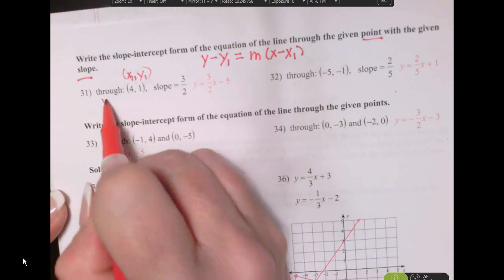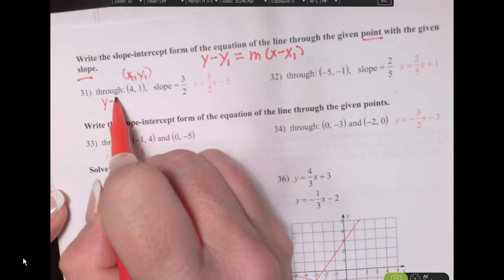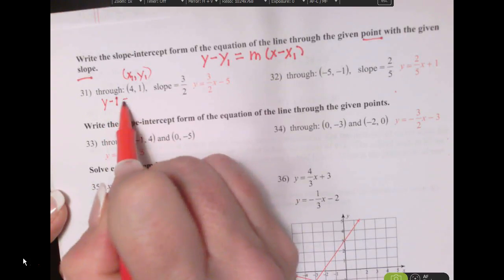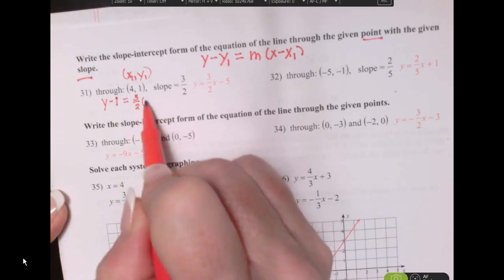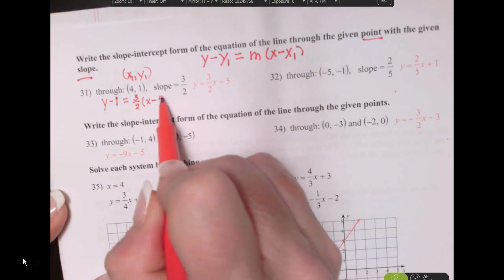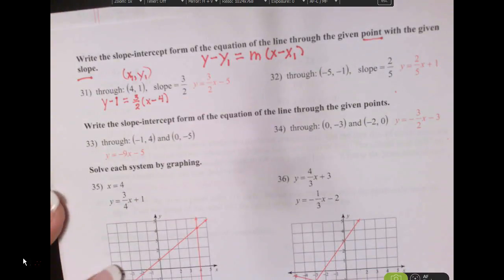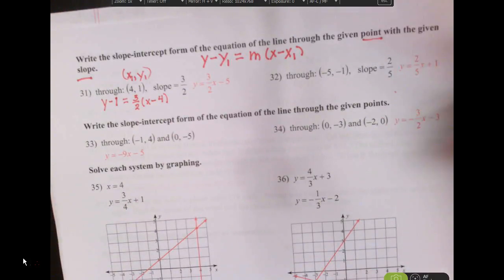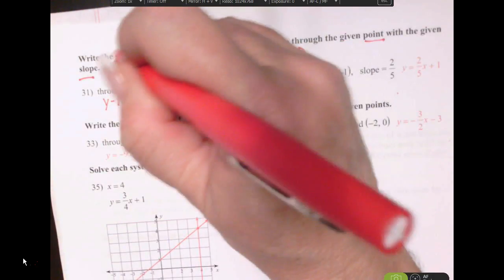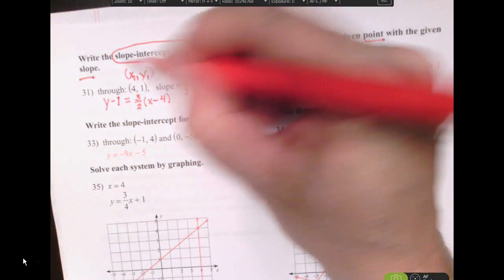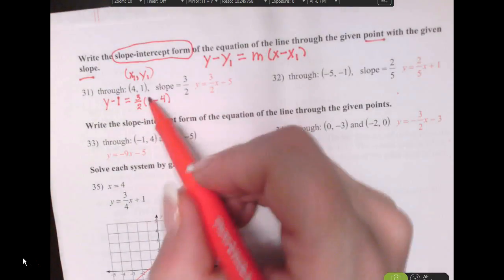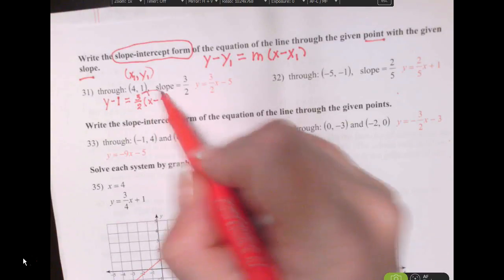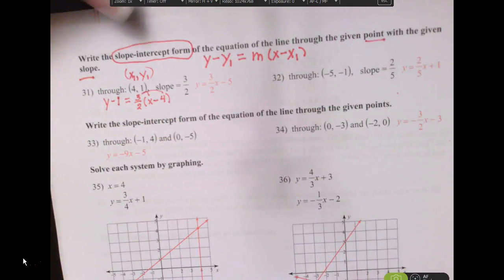So when I go through the formula, y minus y1 is 1 equals slope times x minus x1 equals 4. But they don't want us to keep it in point-slope form. They want us to move it into slope-intercept form. So that's where we have to distribute and move some things around.